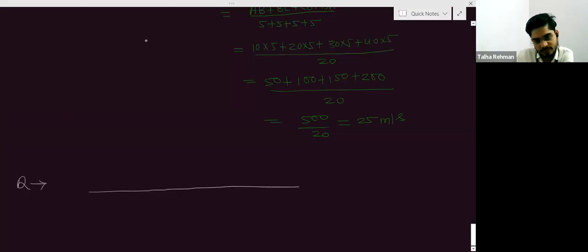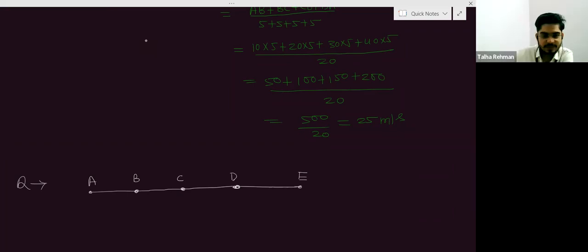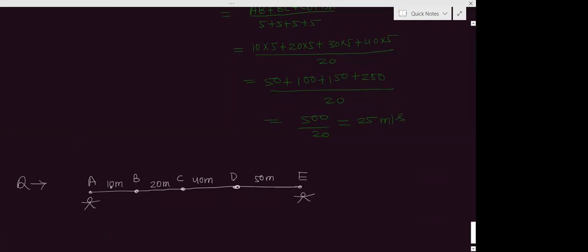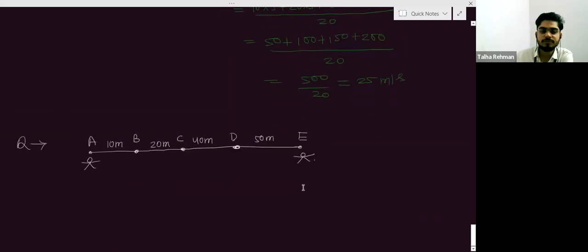Suppose you are moving again from point A to point E. This time the AB distance is given 10 meter, BC is 20 meter, CD is 40 meter, and DE is 50 meter.